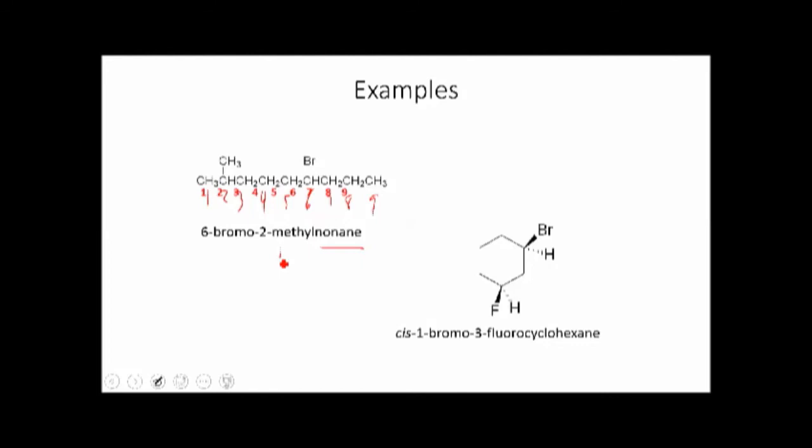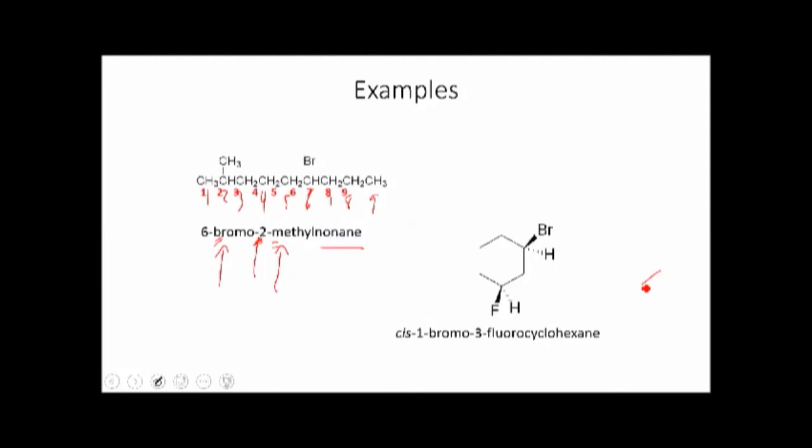What you can see here is the observation of alphabetical order, where B comes before M. Therefore, even though the number is bigger for bromo, it has to be 6-bromo-2-methylnonane. Observe as well that between words there is nothing, but between a number and a word there is a hyphen, like that.